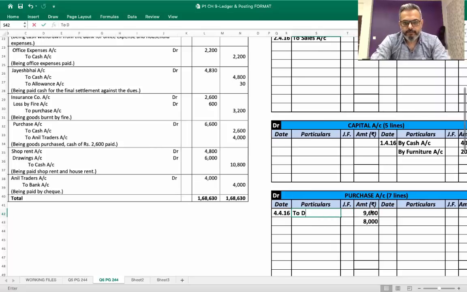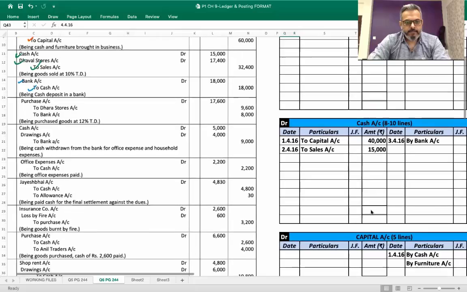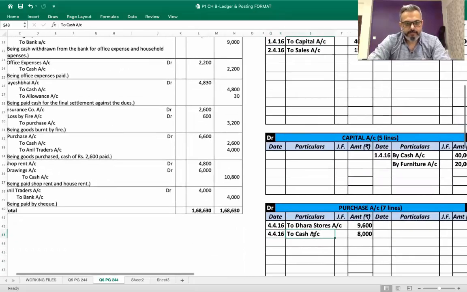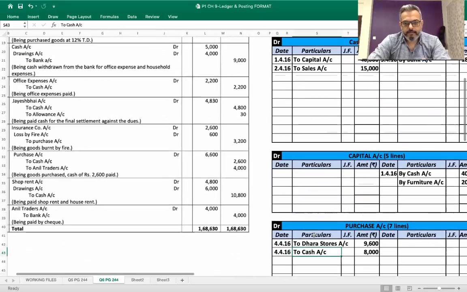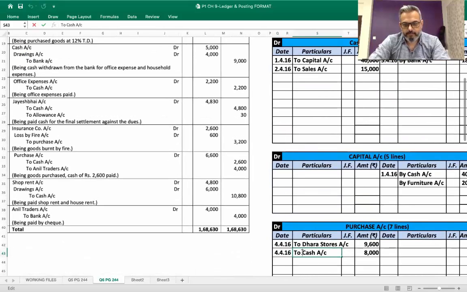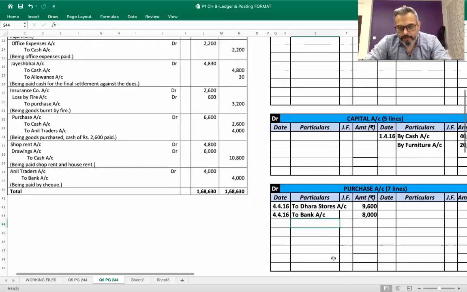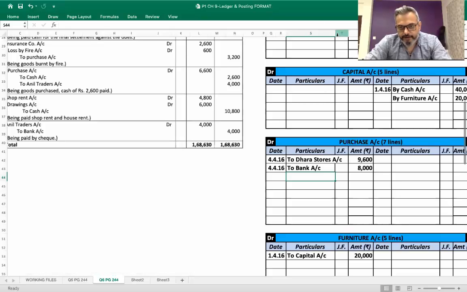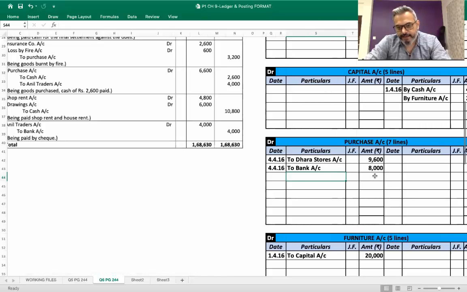Here you will write to Dhara stores account and to bank account, sorry. To bank account. So over here, you just don't write total 17,600. Please be careful. Here you have to write both separately, 9,600 and 8,000.